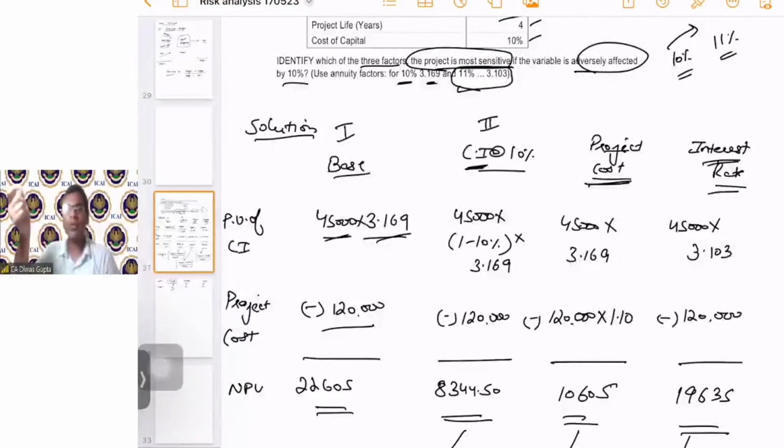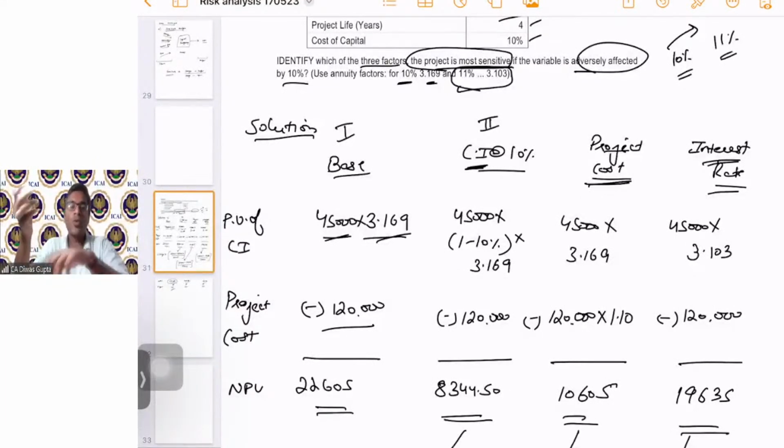Now, they also need to know what will happen to NPV if one of the assumptions goes for a toss. Let's say cash inflow is decreased, or it is increased, both ways. It can increase also, it can decrease also. So they try to see what is the stress level testing for NPV, at which value my NPV will become 0.